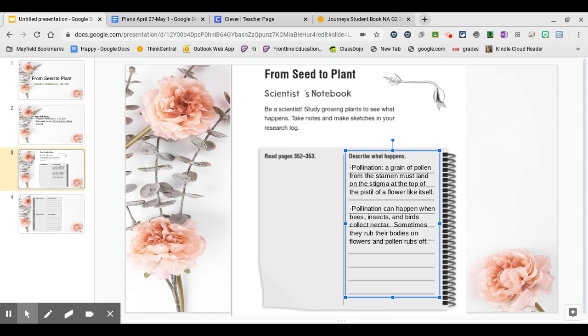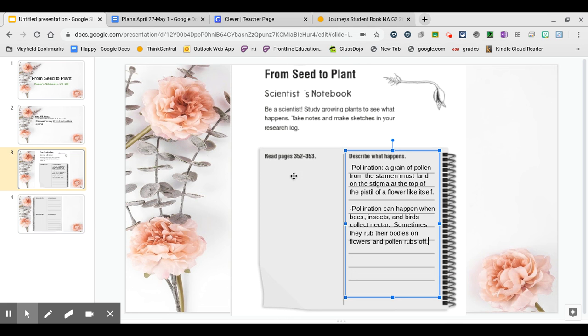Now, we're also asked to make sketches. Here we've looked at page 352 and I've taken 2 notes so far. A sketch, remember, is when we take our pencil and just quickly do an outlined picture to show what's happening. Look up here. They've done a sketch of the roots, stem, and the baby plant poking out.